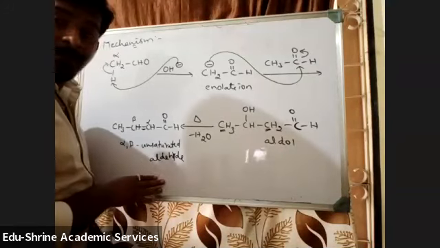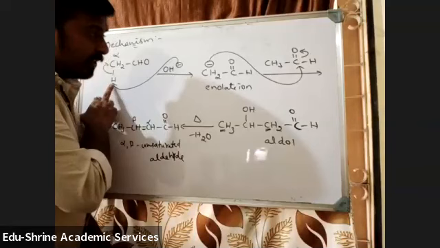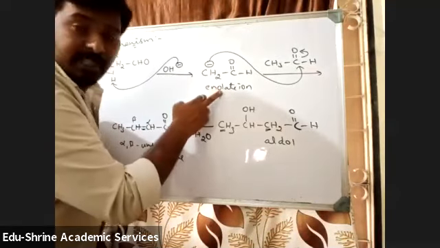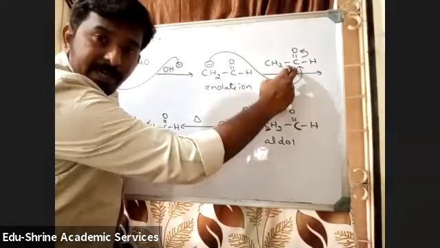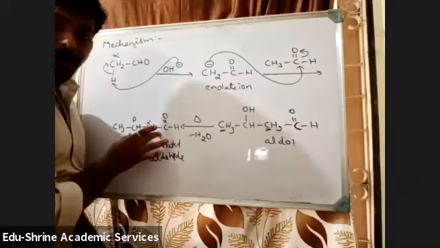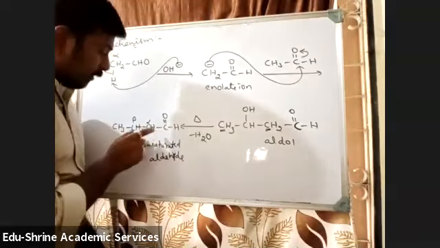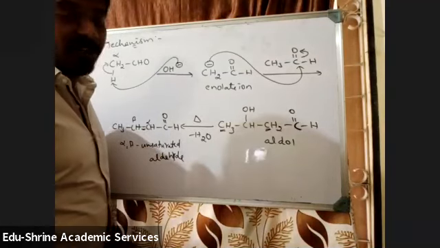So what is happening? First, the base is attacking the alpha hydrogen from here, generating a carbanion. This is nothing but the enolate ion. This enolate ion will be attacking the other aldehyde, giving aldol. From aldol, a water molecule will be removed such that you get a double bond between the alpha and beta carbon atom. This is how the reaction takes place.